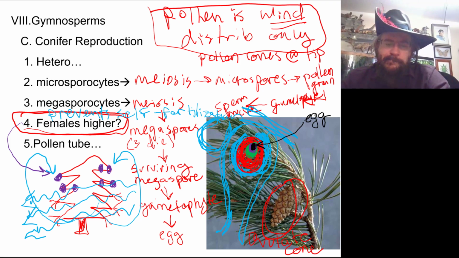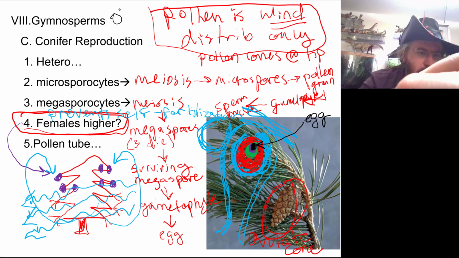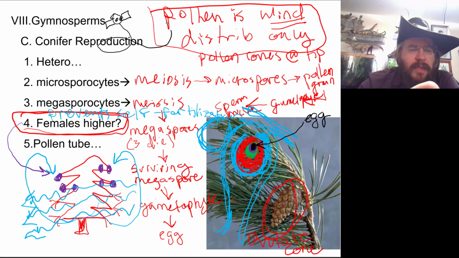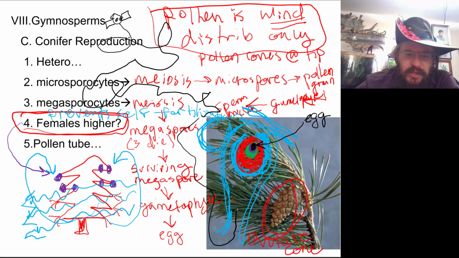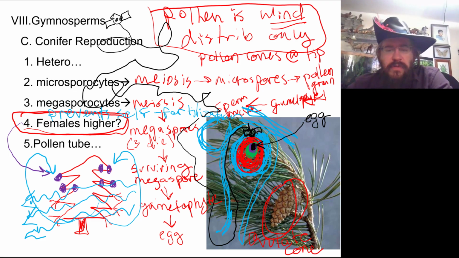All right. So, I got my pollen grain. And it's going wee woo, wee woo on the wind, and it eventually makes it to the scale and lands here at the opening to the ovule, the little gap in the integument.